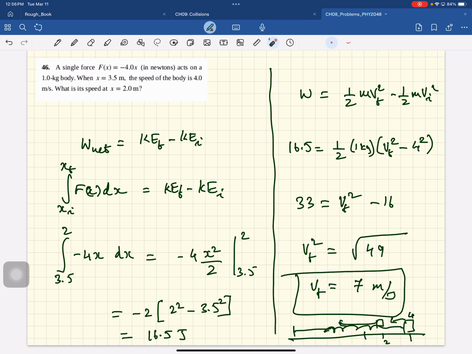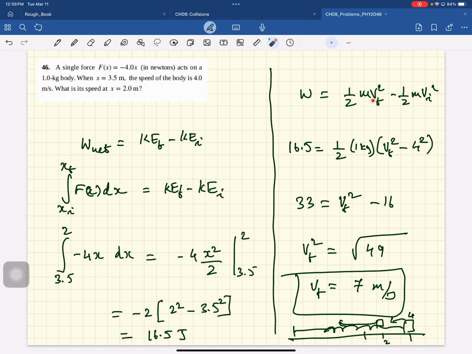So if you switched it like you were saying and made it negative, we would still get 7 meters per second? Yeah, everything is a square. So let's say 2, that would become negative.